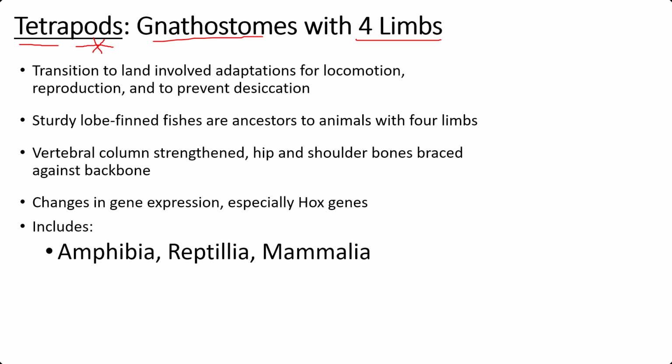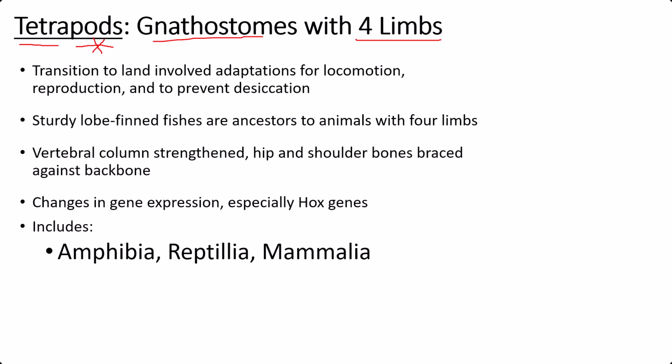And sturdy lobe-finned fishes are the ancestors to animals with four limbs. That vertebral column, so their backbone, had to strengthen, and the hip and shoulder bones braced against the backbone. These changes are likely due to changes in gene expression, in particular the Hox genes.